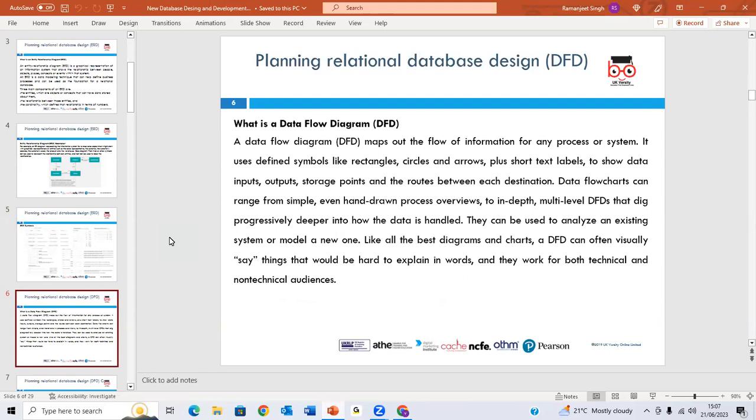So this allows us to map out the flow of information from any process of a system. It uses defined symbols like rectangles, circles, and arrows, and also labels to show the data input and output, and also the storage point at the routers between each destination.